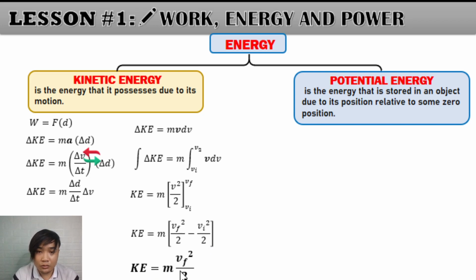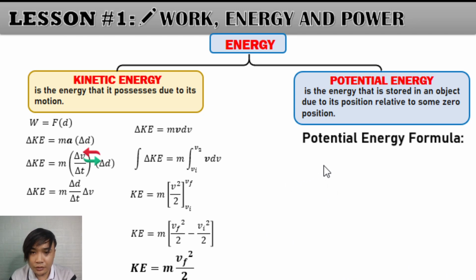For kinetic energy, assume the initial velocity is equal to 0. So our formula is m times v final squared over 2. Here v final is the final velocity at a certain time. We took the kinetic energy from 0 to a certain time.